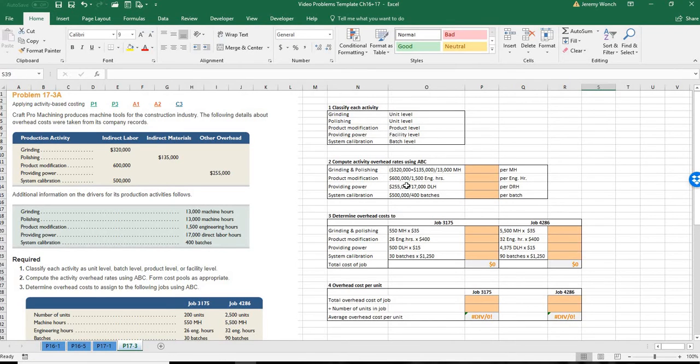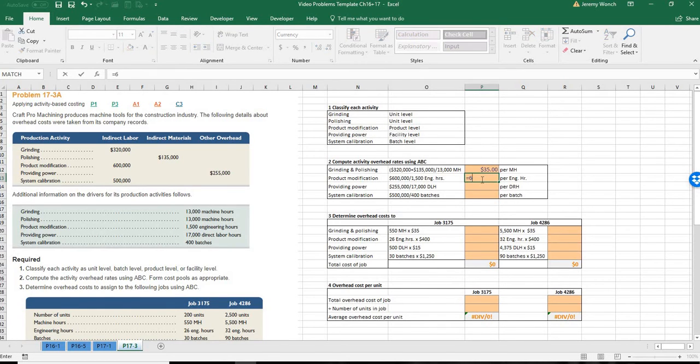We want to compute a dollars per whatever their driver is. For grinding and polishing, that's machine hours. So we'll take the cost of grinding, 320 plus 135, divided by the number of machine hours, which is just 13 here. So we have $35 per machine hour.